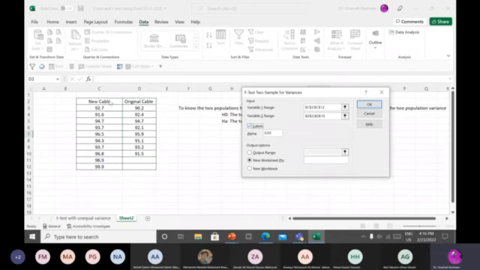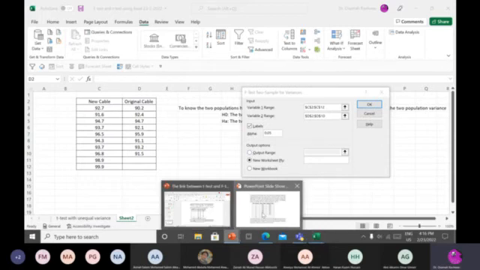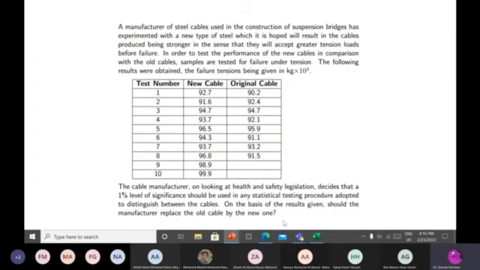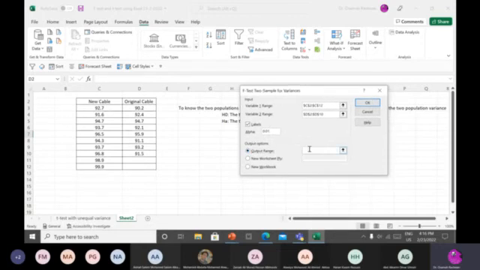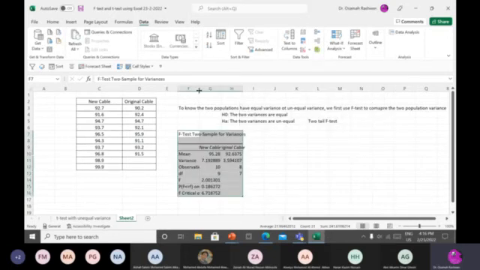I include the labels because I have the names in the first cells. It is not 5%. In my question here, he's telling me it is 1%, so be careful to know what your alpha is. I need the result just down here. I put the mouse inside this cell, any empty space enough for the result, and click OK. I get the result.